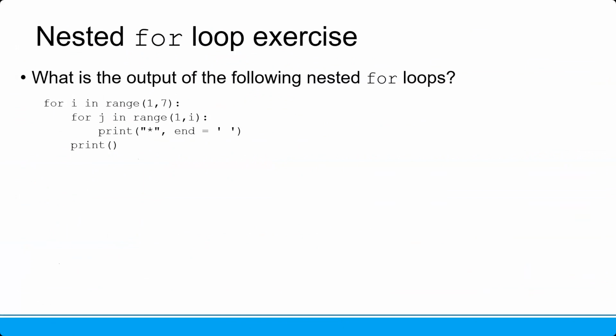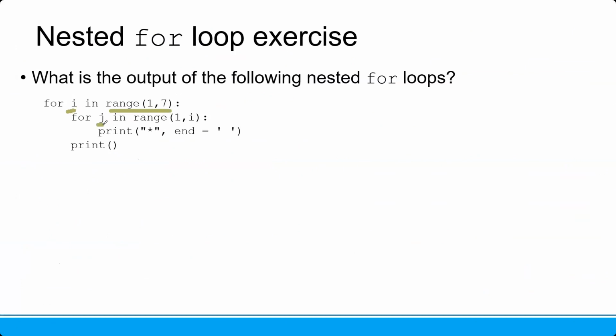Now, what is the output of the following nested loops? I would like to have I from 1 until 7.